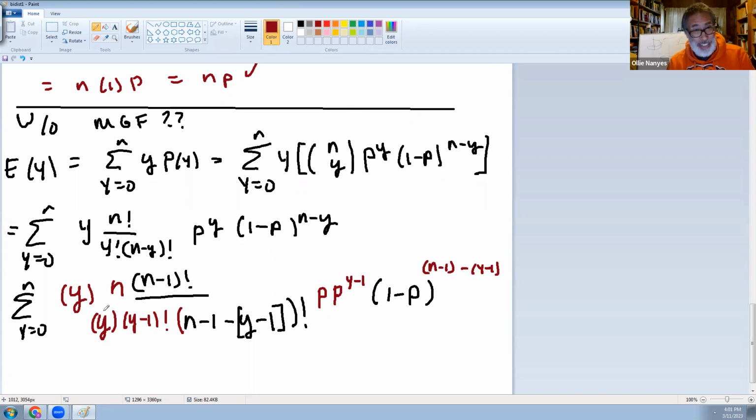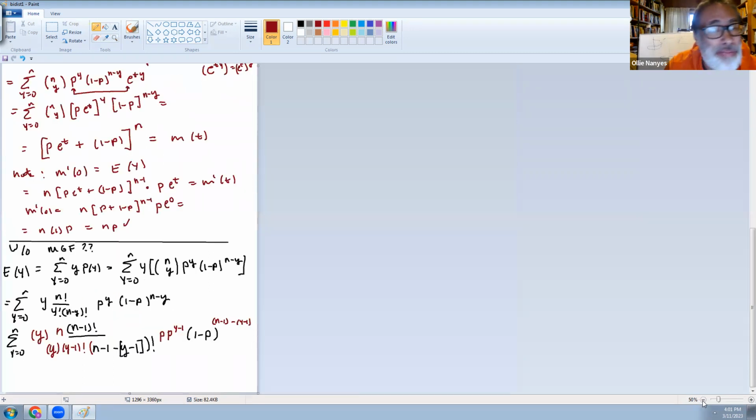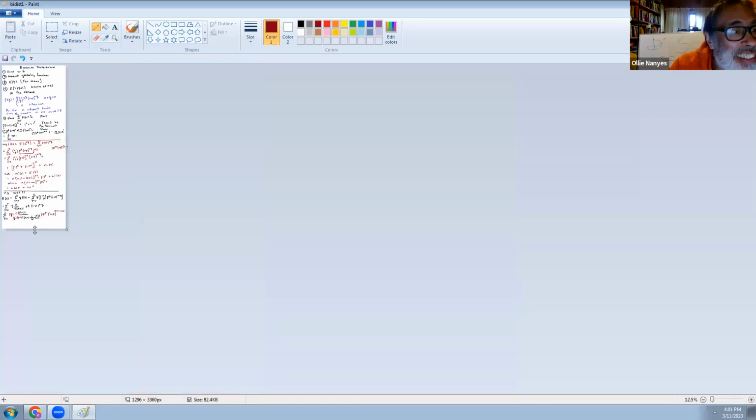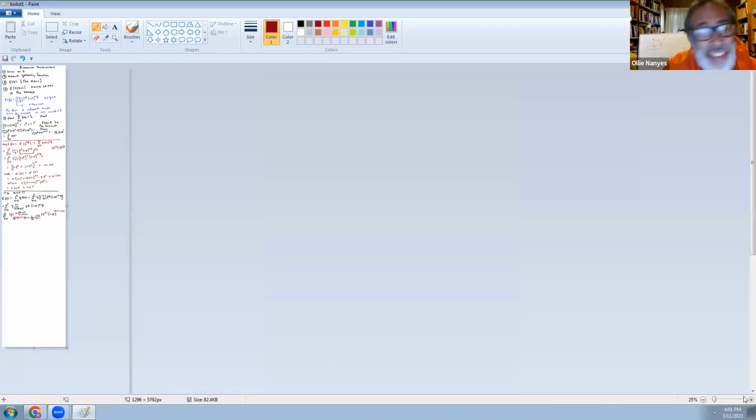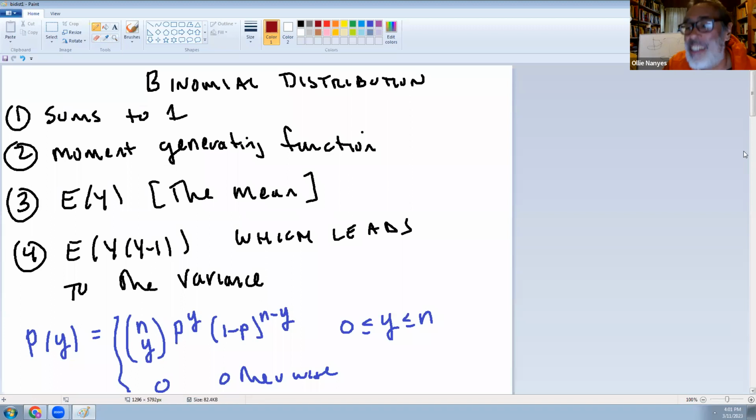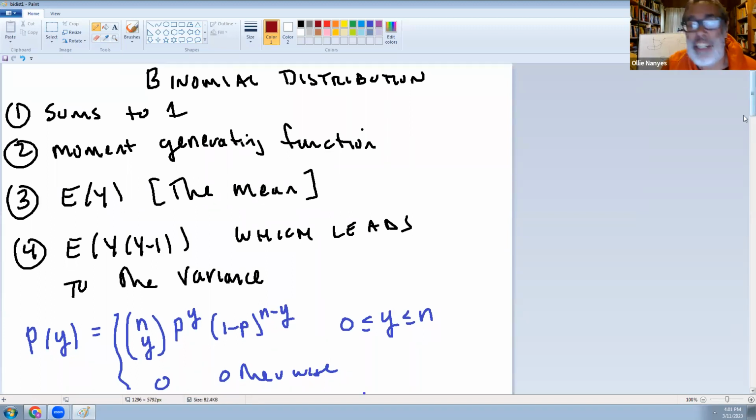What I've done is this n is constant with every term here, so I can factor that out. This p is constant with every term. I can factor that out. And you can see probably what's going to happen here. It's really quite a lovely little result right here.